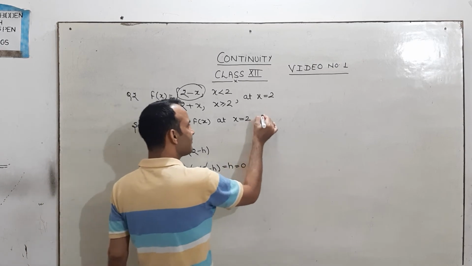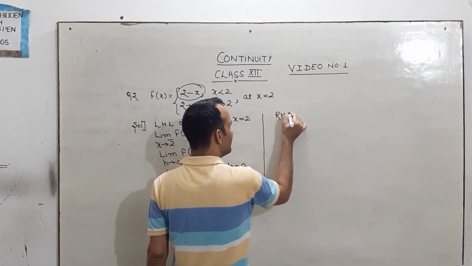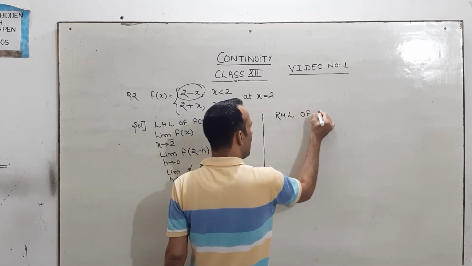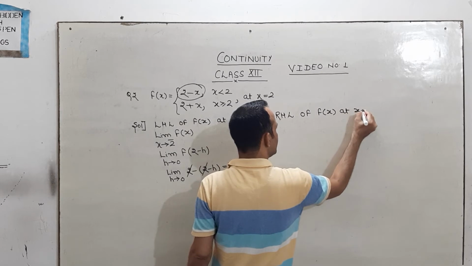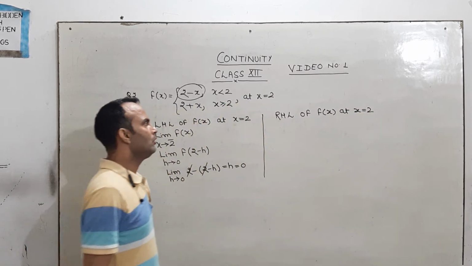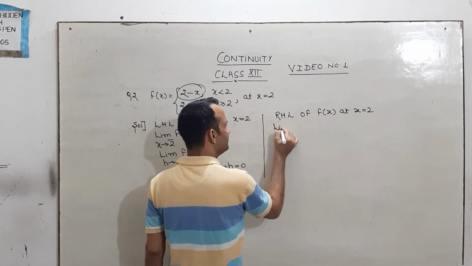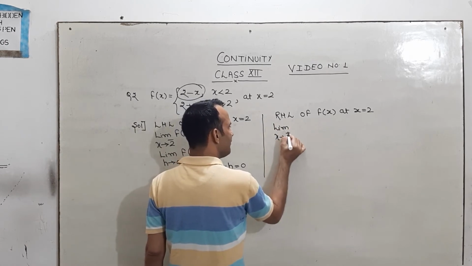Now dear students, next step is what? RHL of f(x) at x = 2, means right hand limit at x = 2. Limit x tends to 2 positive of f(x).